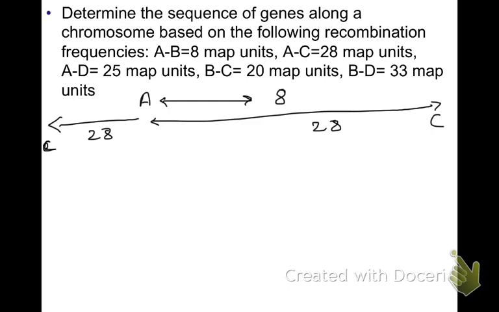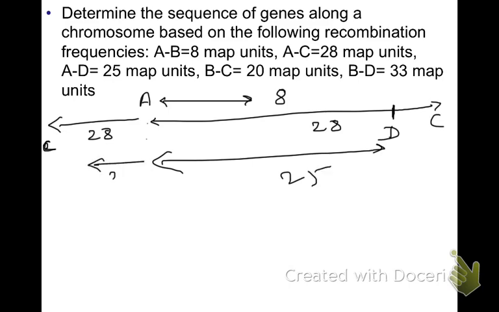Okay, so then I come to know that A to D is 25. Now A and D can be somewhere here and it can be 25, or A to D can be here and it can be 25.